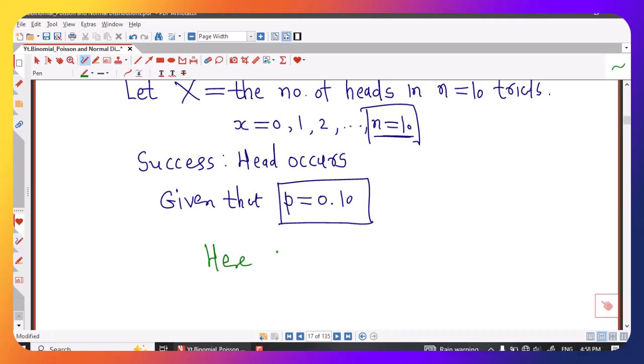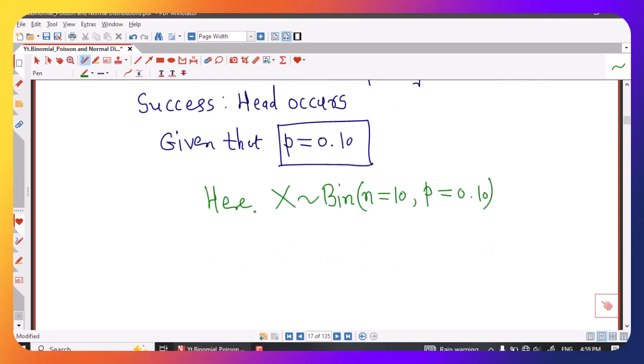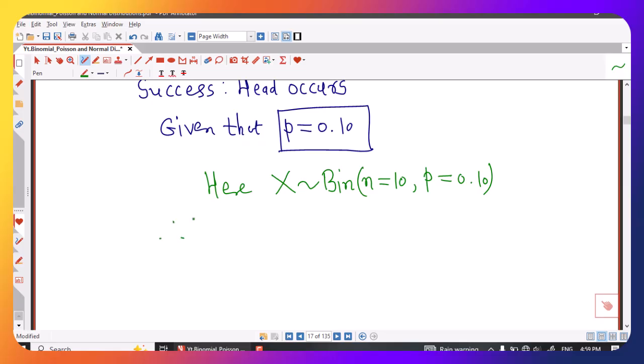So we are given that capital X, the number of heads, is a binomial distribution with n equal to 10 trials and probability of success 0.10.